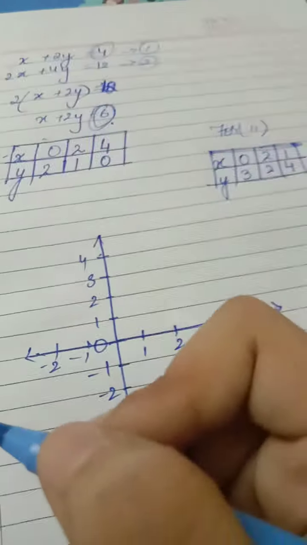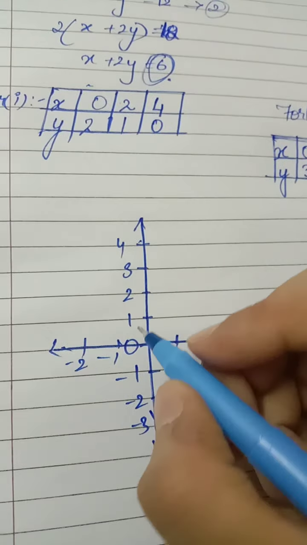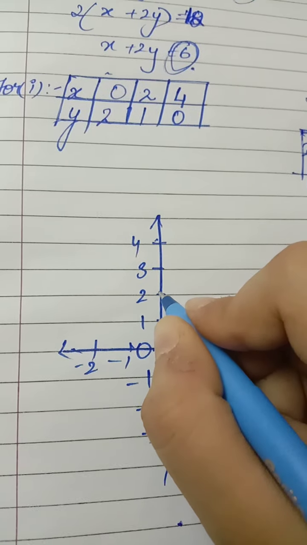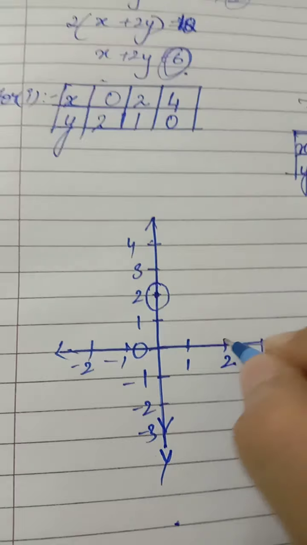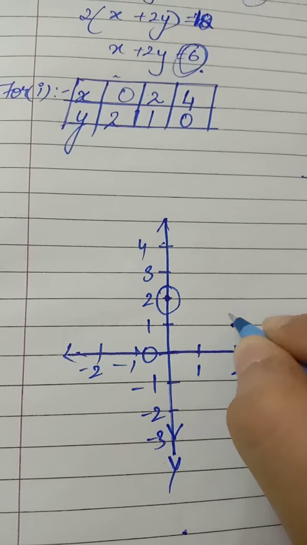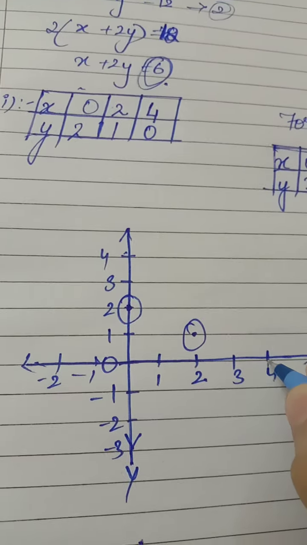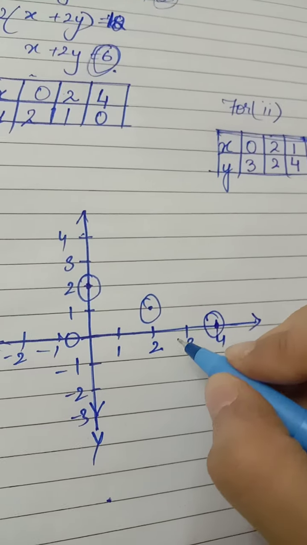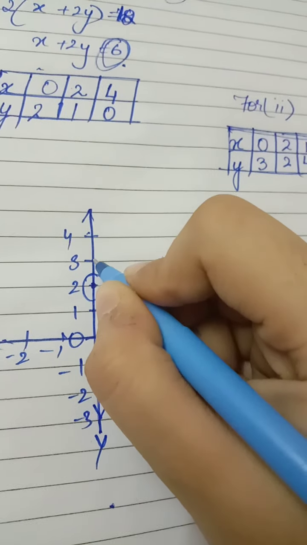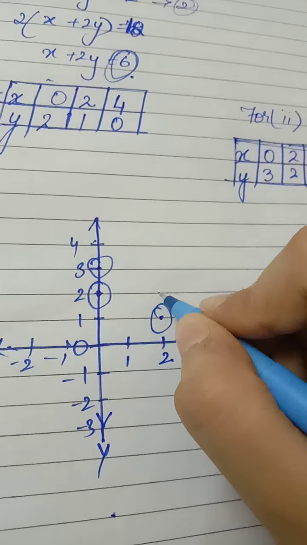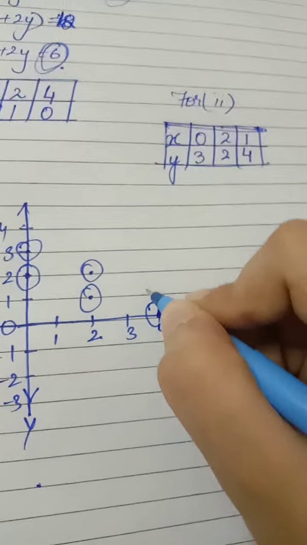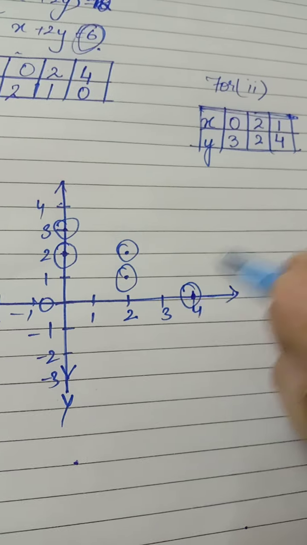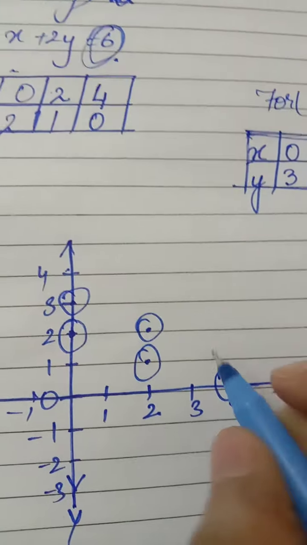We have x equal to 0 and y equal to 2, and 2, 1, and 4, 0. For the second equation we have 0, 3, 2, 2, and 1, 4, and 4, 1.